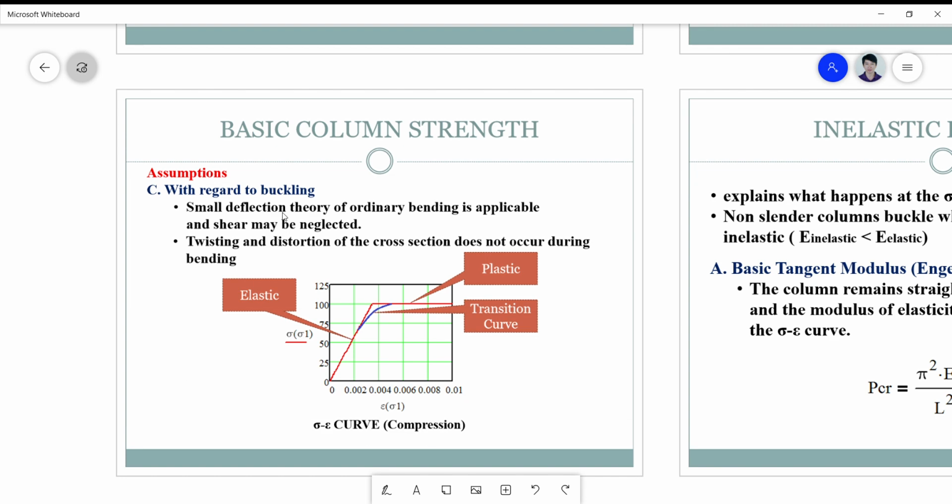Okay, so small deflection theory states that the effect of nonlinear deformation may be neglected, and shear, including torsion effect, are also neglected. So here, the torsion and the twisting is assumed not to occur during the bending behavior.